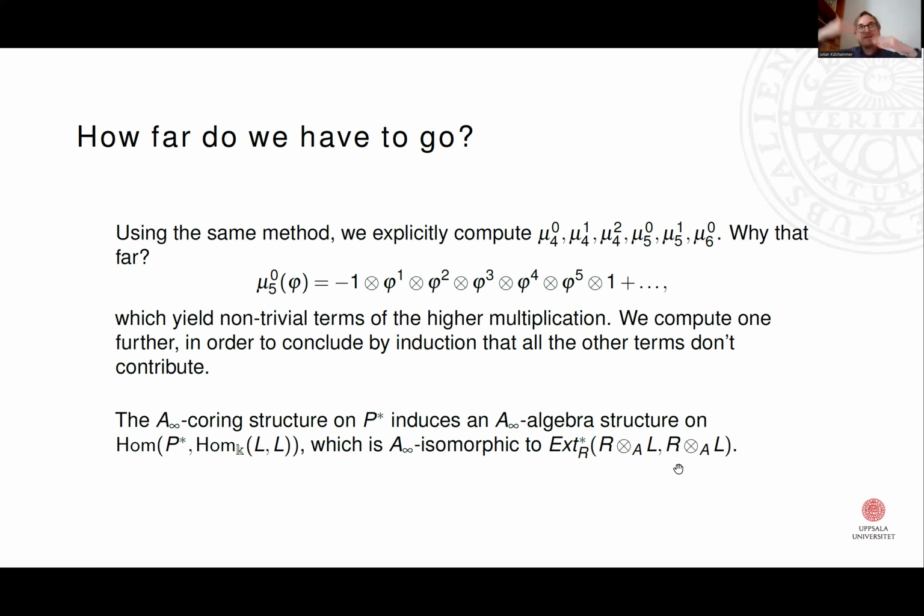So we have to go one step further than mu5 0, namely to mu6 0, and for the terms 1, we have to go a bit lower. We don't have to compute mu6 1 because there are fewer contributions here. Yes, so that's the longest part of the calculations.